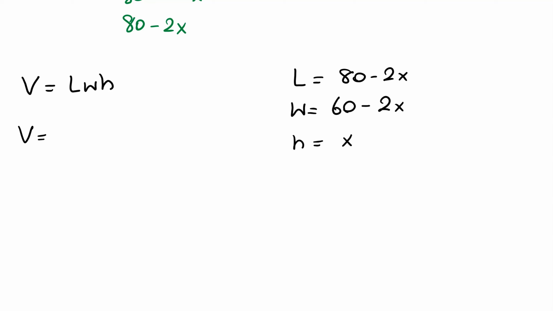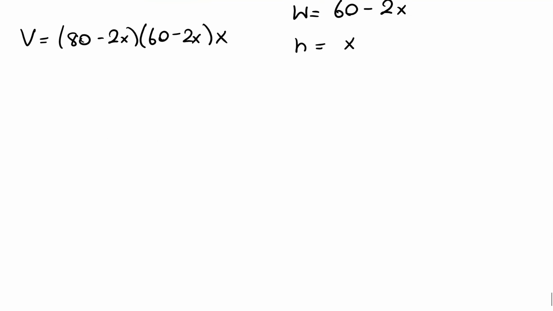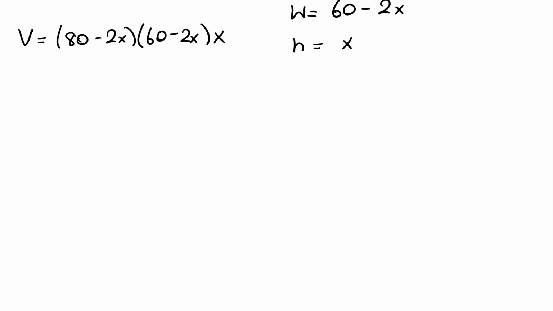So V equals length, which is 80 minus 2X, width, which is 60 minus 2X, multiplied by height, which is just X. And now we're just going to expand this out, because when you expand it out, it's easier to differentiate. So we get 80 times 60, well, 8 times 6 is 48, so that becomes 4,800.